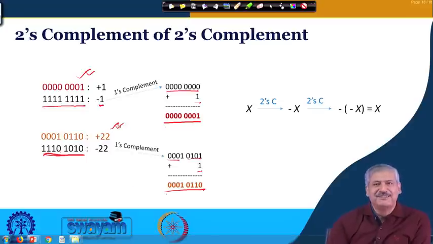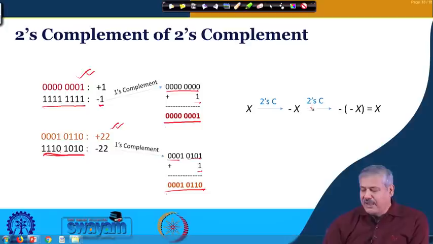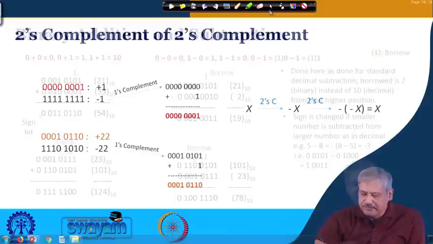That is your plus 22. So, if you do 2's complement again, you get back the original number: another minus gives the original number back. We take note of this.